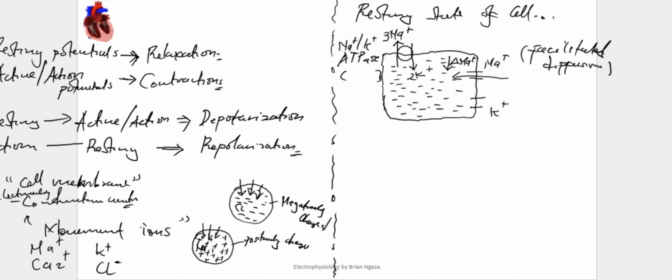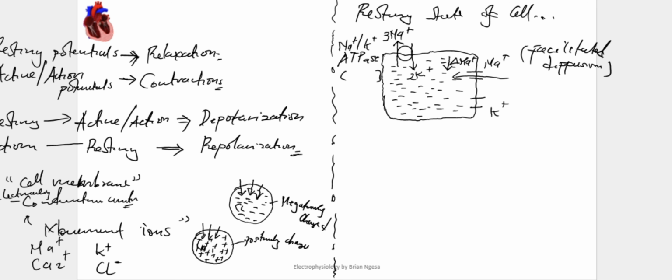It is facilitated because it is not just simple, it is using some sodium channel. So this explains the movement of the sodium. This is what is happening at the resting state of the cell. You need to remember that.